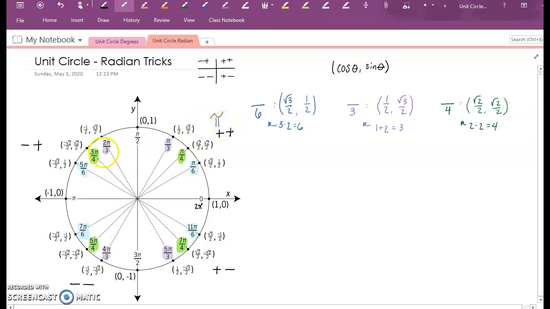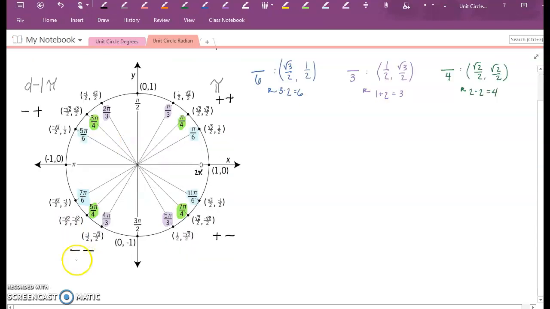In the second quadrant, we have 2 pi over 3, 3 pi over 4, and 5 pi over 6. For all of these, we take the denominator minus 1 pi. So 6 minus 1 is 5, 4 minus 1 is 3, 3 minus 1 is 2. So we have the denominator minus 1.